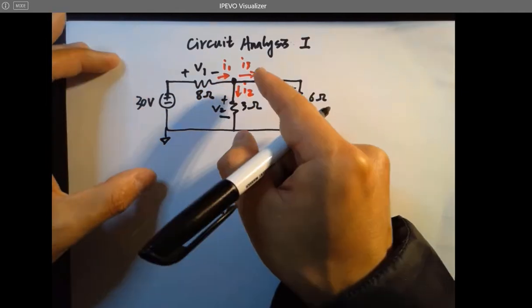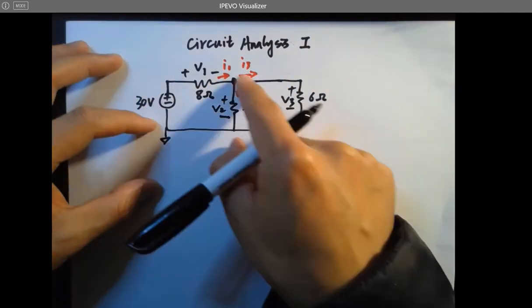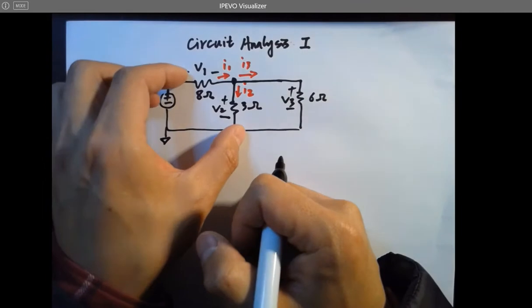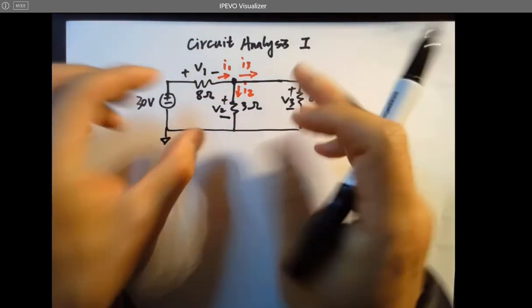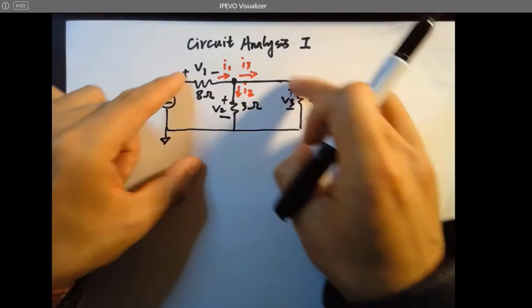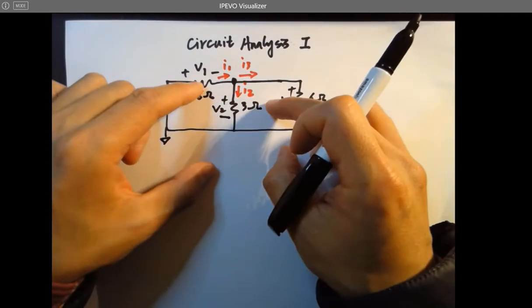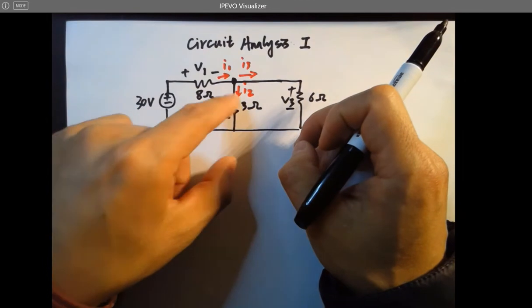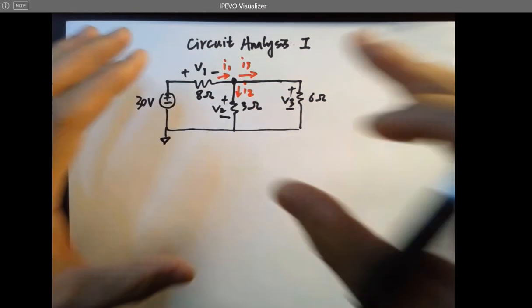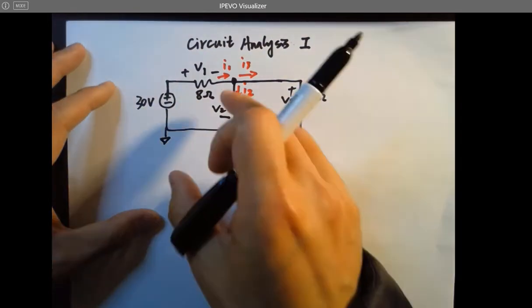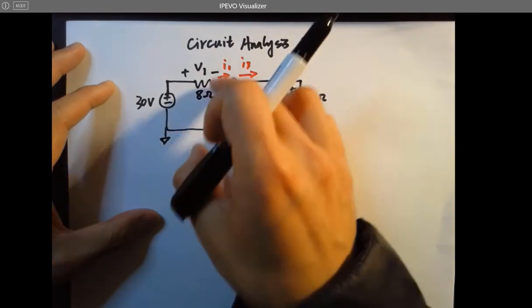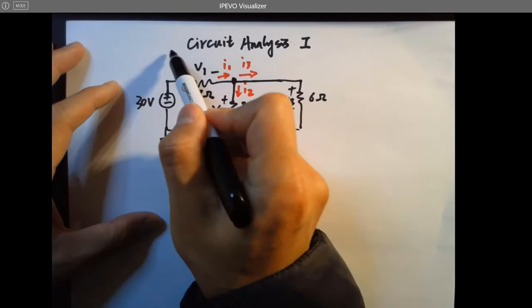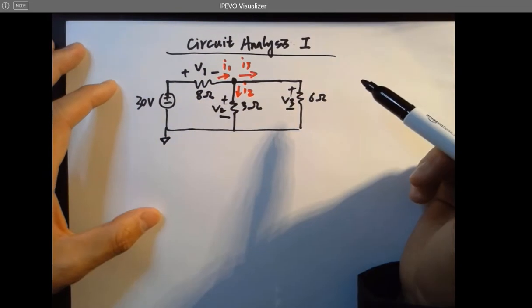You might want to use Ohm's law, since you know this is 30 volts. But it's kind of tricky because this resistor is shared by these 2 circuit loops, so you couldn't directly apply Ohm's law to calculate I2. So at this point, if you want to solve every single current and voltage in this linear circuit, you do need these circuit analysis methods.